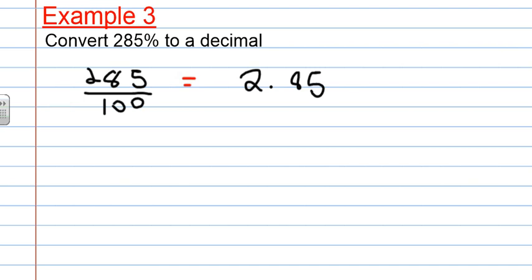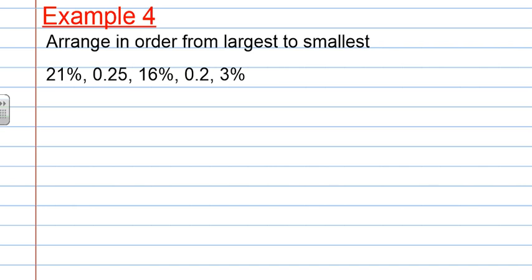Okay. In our last example, we're going to arrange in order from largest to smallest, okay? Now, to do this, you need to convert everything to decimals. I think that'll be the easiest way so that you can see.